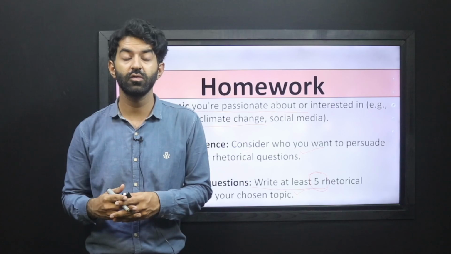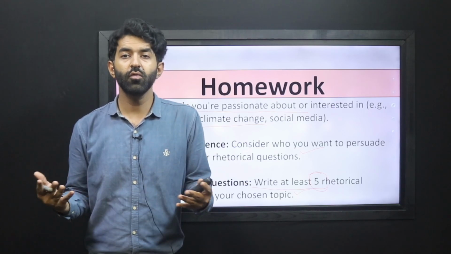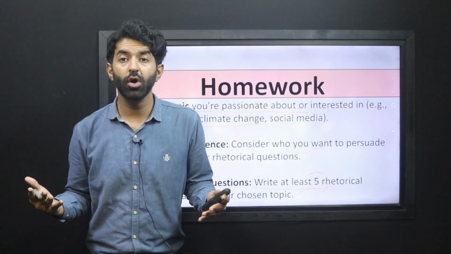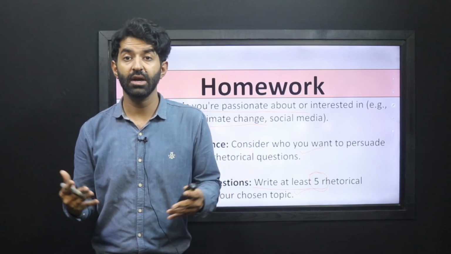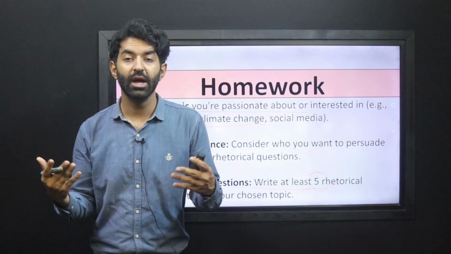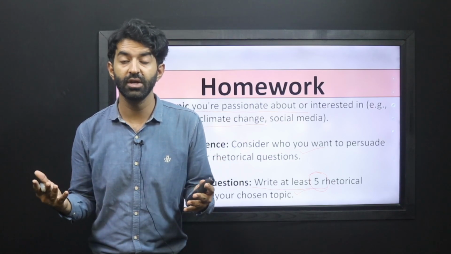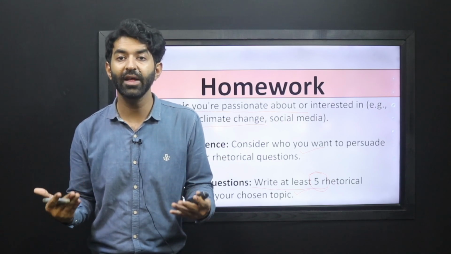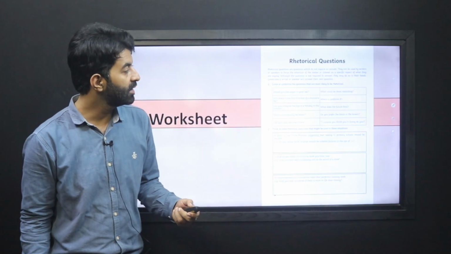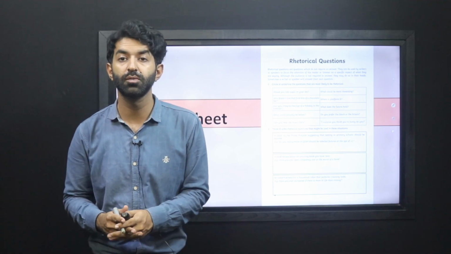Or you can say, don't we want to have better weather conditions? It means that these are rhetorical questions. Yes, we do want all of these things, but they are not meant to be answered. So you can pose all these different 5 rhetorical questions based on the topic.